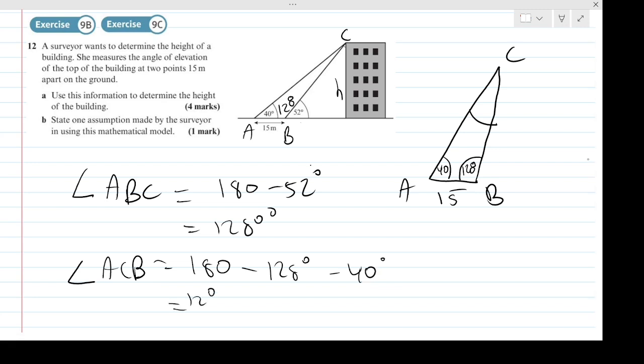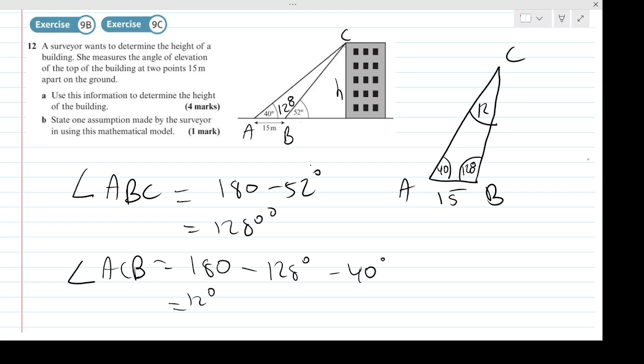So again, it's going back to that tip I described earlier, that you might need to find other missing angles by considering angles in a triangle or on a line. So your basic angle facts. So now we know that's 12. So now we can find any second side by the sine rule. But which one? Let's have a think.